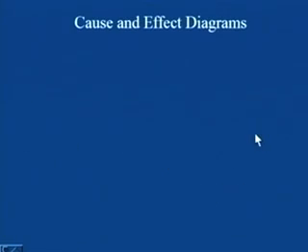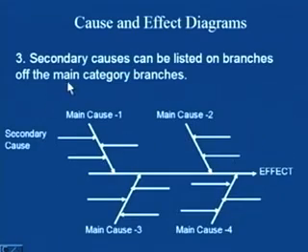The third step: secondary causes can be listed on branches of the main category branches. These are the primary causes or the main causes. Once we know the main causes, we need to graft the secondary reasons in each of the main causes.